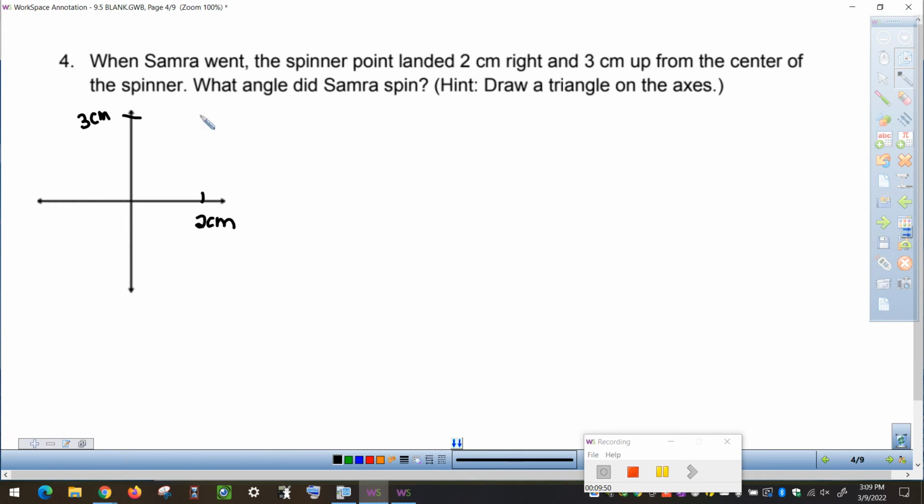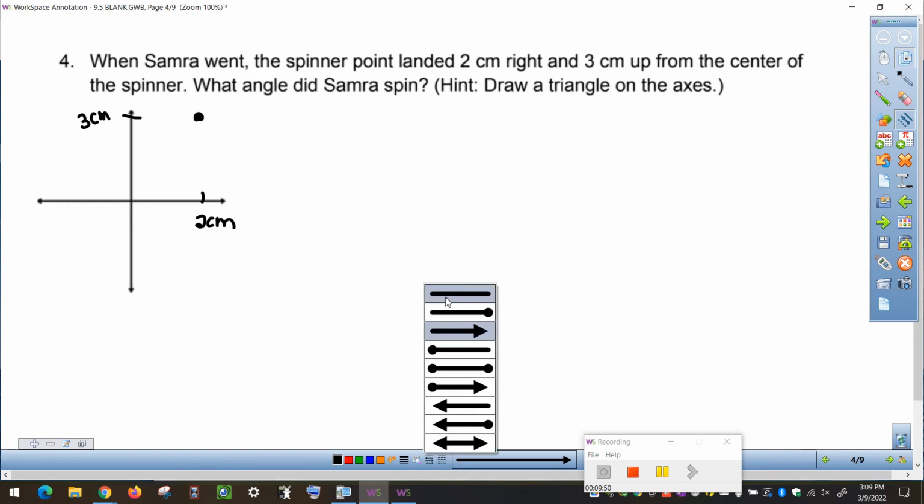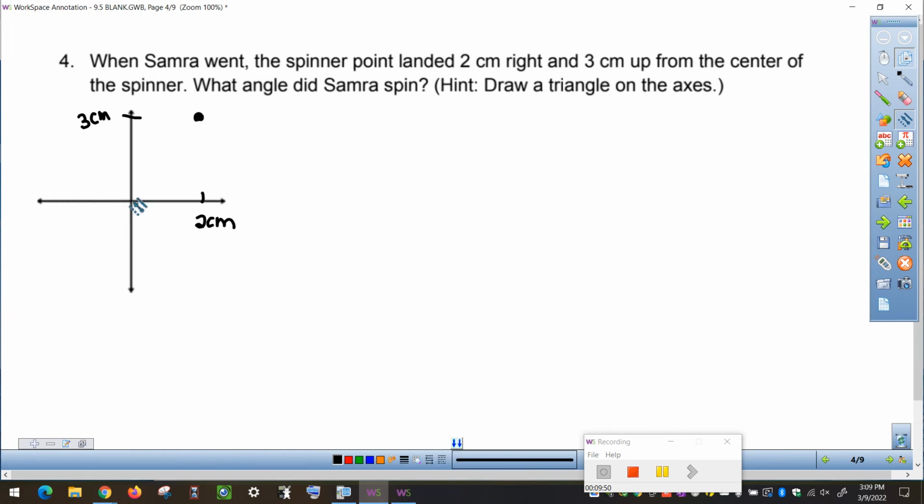What we could do is maybe plot a point here to show where the 2 centimeters is going to line up with the 3 centimeters. But we're thinking about our paper clip. And so if we were to actually draw in what that would look like, that paper clip is still centered in the middle. It's just going to look like a diagonal line pointing outward to that position.